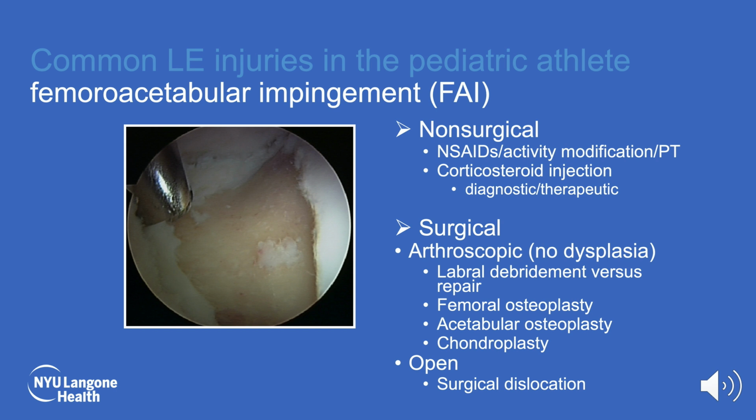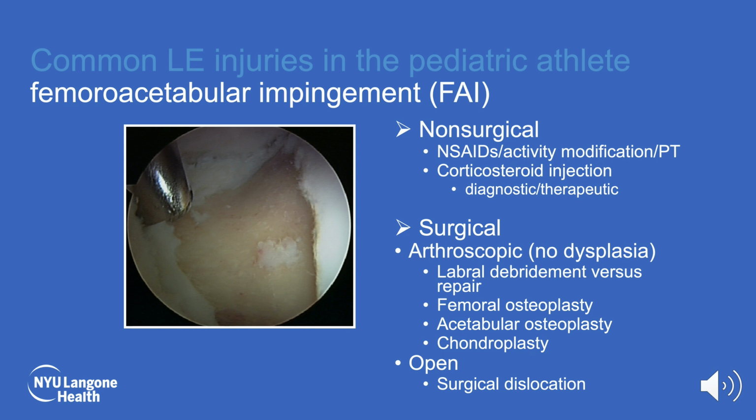There was a recent study out of Rady Children's in San Diego looking at non-operative treatment for FAI in kids, finding that in a significant proportion of them this was successful in returning them to sport.